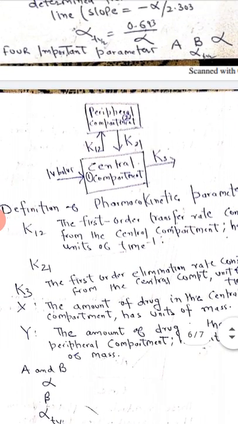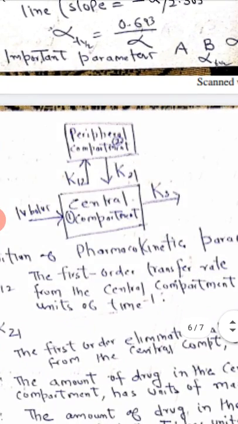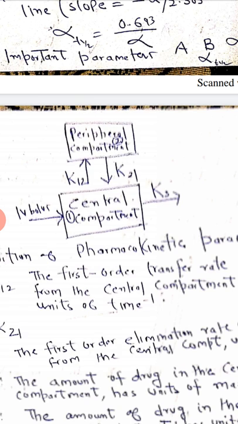Now this is the schematic diagram of the two compartment model. You can see two compartments, the peripheral compartment and the central compartment. Your drug is moving from central to peripheral, and you can see one parameter K12. What is this K12? And you can also see K21.